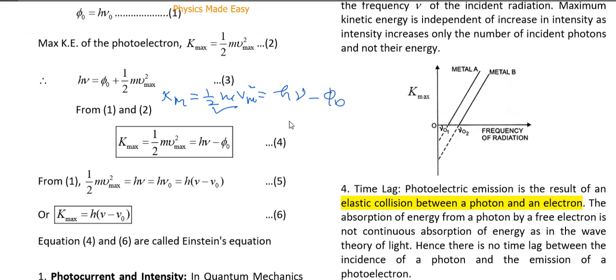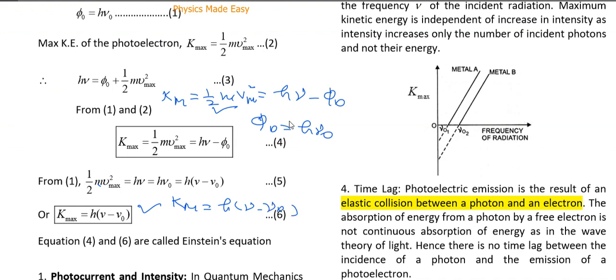Phi naught is work function. Another is just you fill the value of phi naught, which is h nu naught. Then this becomes this equation, which I have just written, that K max is h into nu minus nu naught.